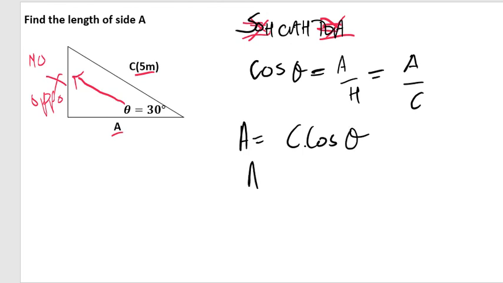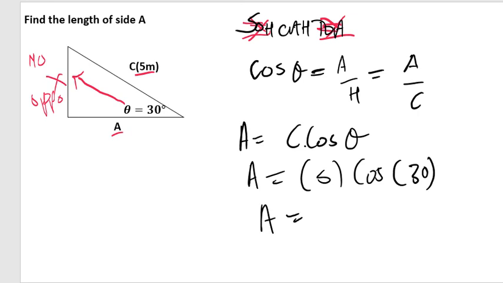Here A equals C, and C is 5, then cos, your angle is 30 degrees. Then A will be, you just punch this on your calculator, and remember what I told you, put your calculator on degree mode, don't put it on radians.